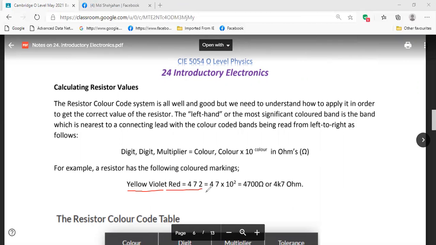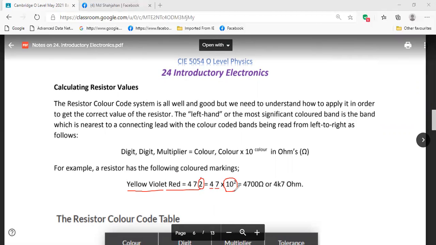Now what you have to do from this value, they are giving you this 472. You write for the first band 4, then for the second one you write 7, and for the third one, this third one is the power of 10.